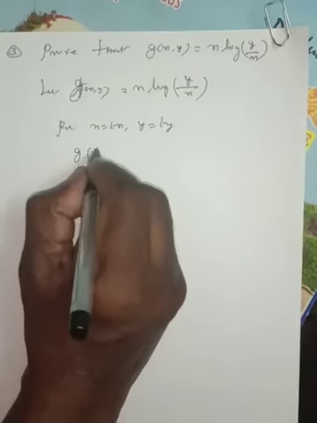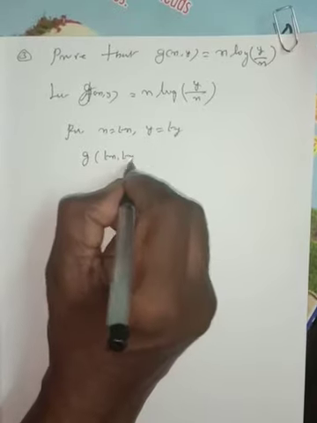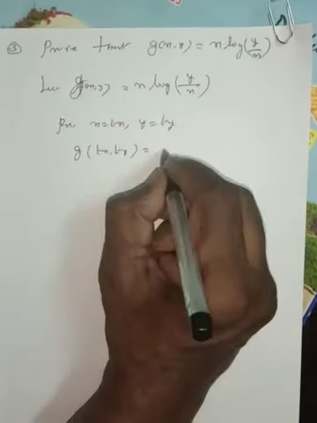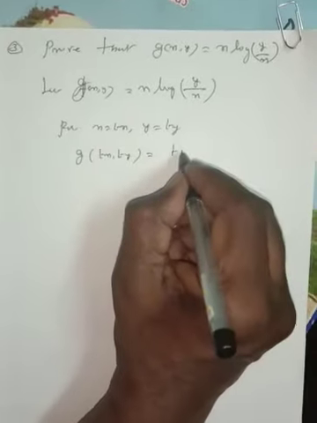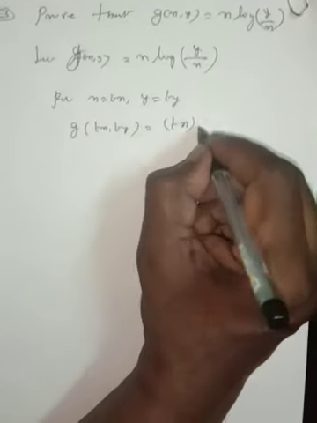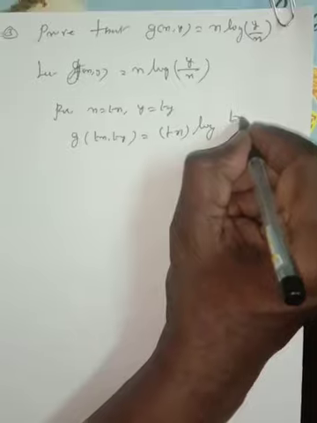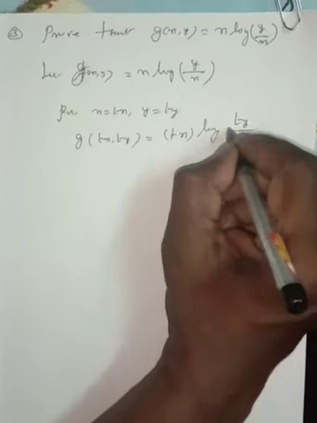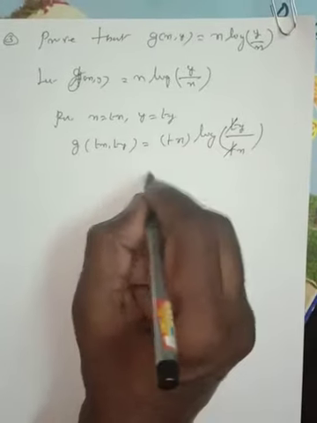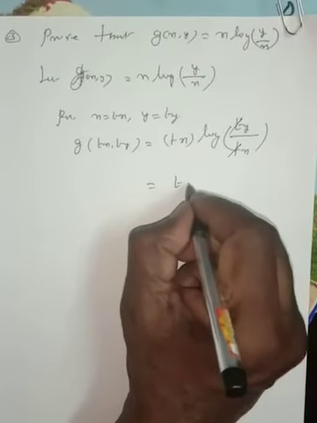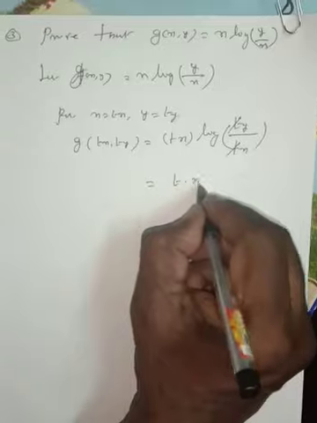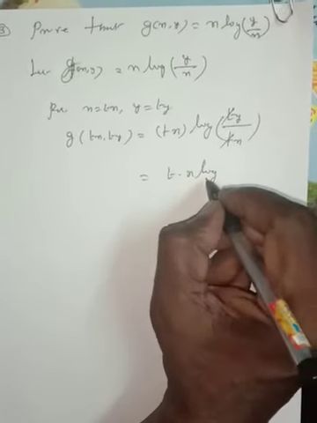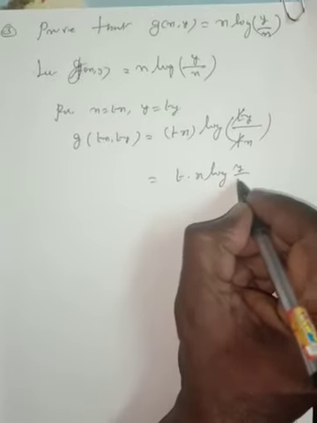g of tx comma ty is equal to tx log ty by tx. t cancels, so t into x log y divided by x.